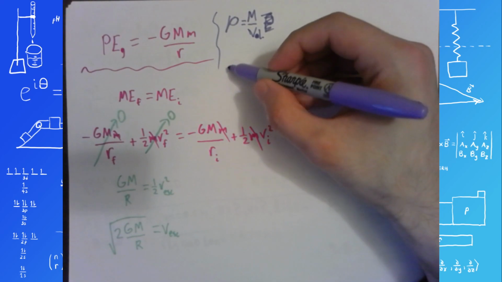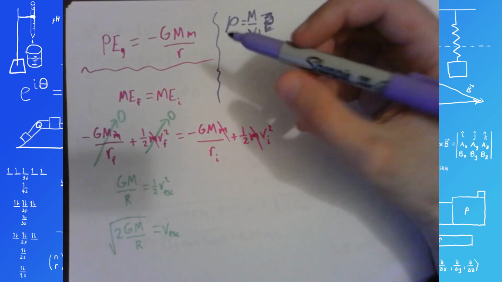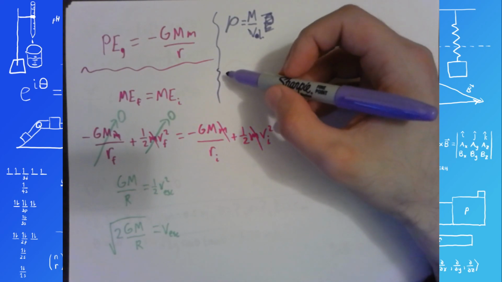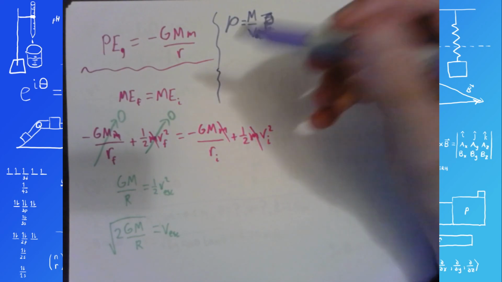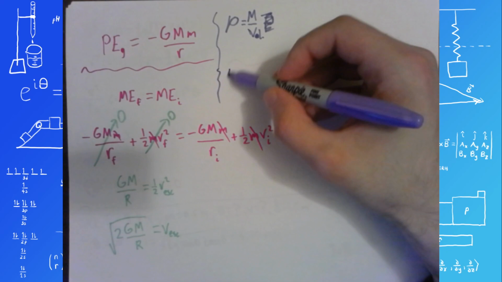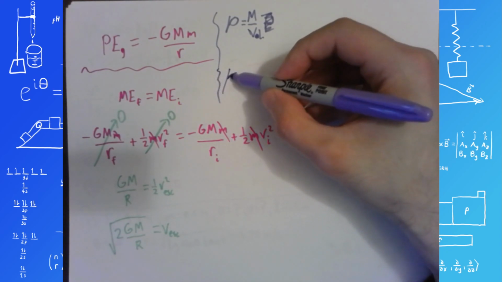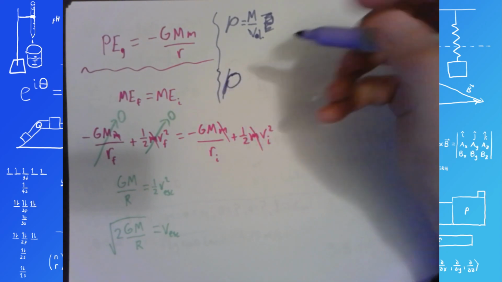That's the volume of a sphere. You remember the formula for the volume of a sphere, don't you? A lot of students forget these formulas from geometry: volume and surface area of a sphere.